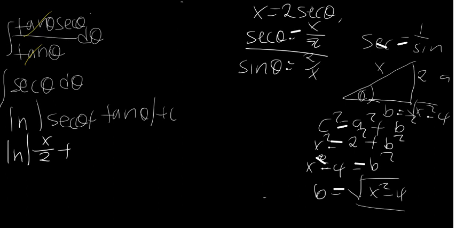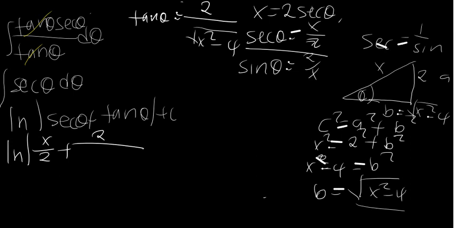We know that tan theta is the opposite over the adjacent. Our opposite is 2, and the adjacent is the root of x squared minus 4. So we replace that. Now we have 2 on top divided by the root of x squared minus 4, plus c. This is the final answer.